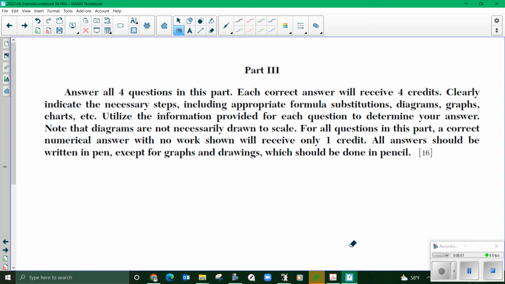Note that diagrams are not necessarily drawn to scale. For all questions in this part, a correct numerical answer with no work shall receive 1 credit. So if you don't know how to do anything algebraically, still put it in your calculator, write the answer down, and get 1 of the 4 points. All answers should be written in pen, except graphs and drawings. Those should be done in pencil.